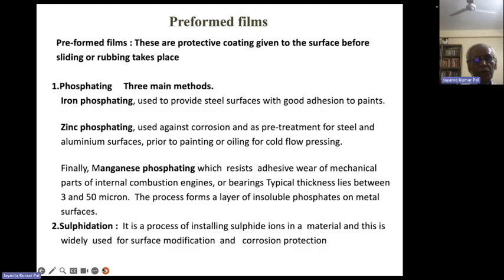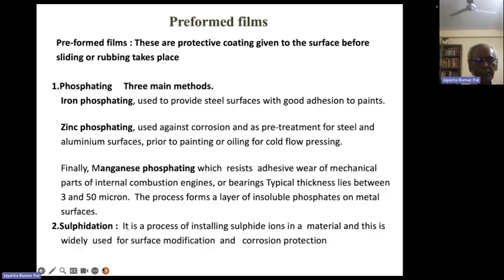Now there are preformed films. These are the protective coatings given to surfaces before the sliding or rubbing takes place. Because once the protective coating is present, the friction and wear are expected to be low.